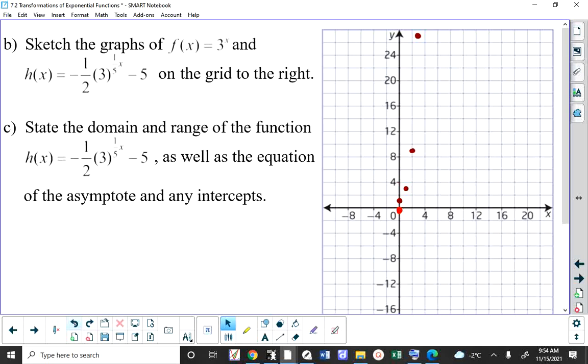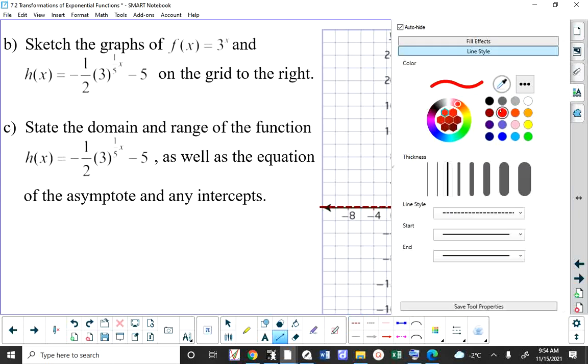Now, here comes the important point. This red point right now is half of a unit below the x-axis. But the x-axis is the horizontal asymptote. And when I shift this down 5 units, that horizontal asymptote, which was here, is going to be here.